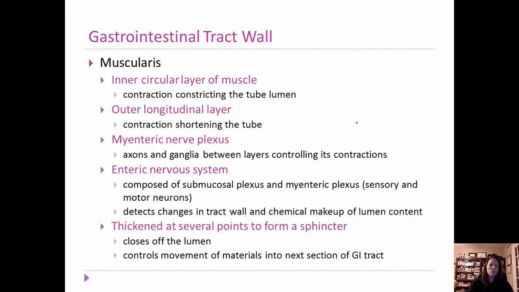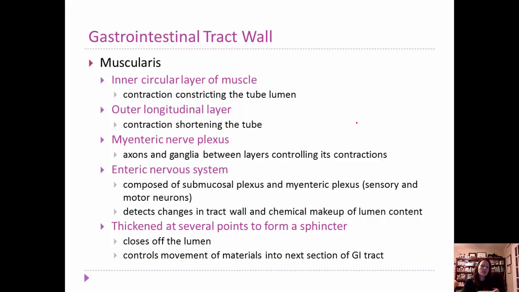This is the nerve plexus that is responsible for controlling contractions specific to the muscularis layer. So anytime there is peristalsis, or that movement of food through the digestive tract that we'll take a look at, that signal is going to come from the myenteric nerve plexus.